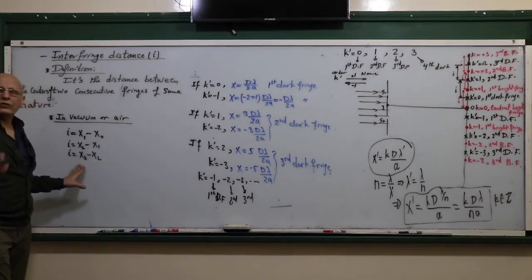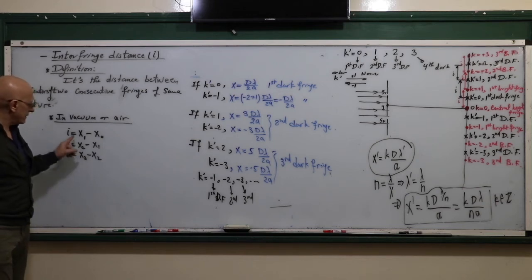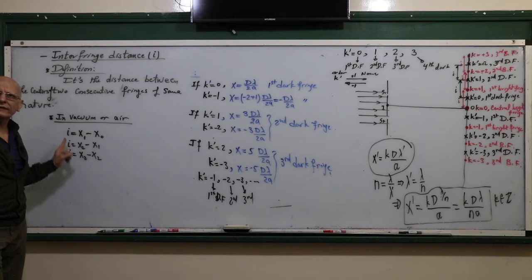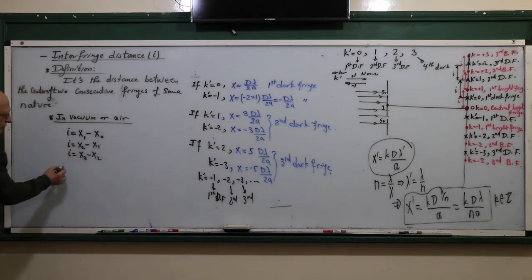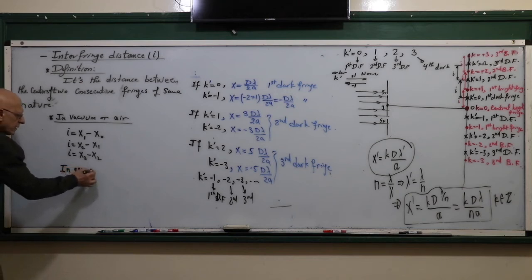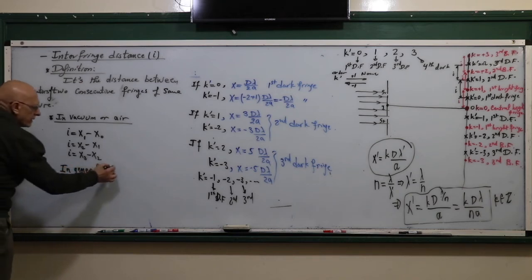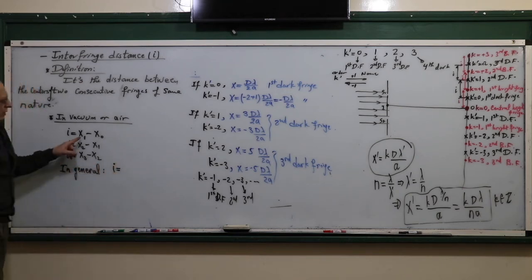But whenever we want to prove a formula, it should be proved in general. I can't take one of these to calculate I. So in general, notice 0, 1, 1, 2, 2, 3.